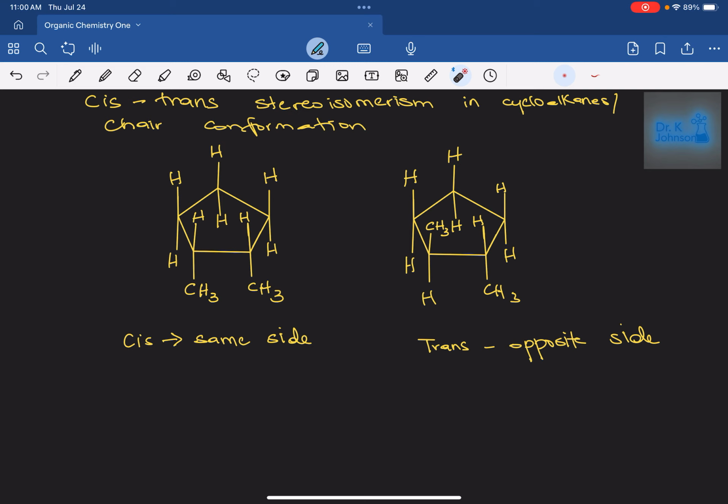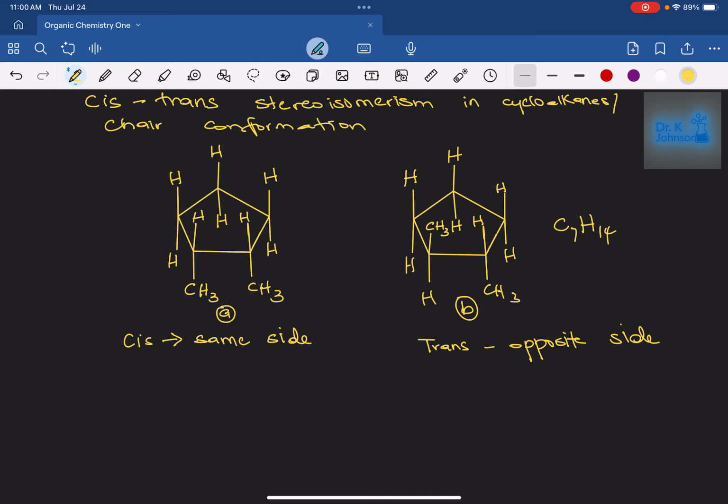Now let's talk about the fact that these two molecules that we have here are cis and trans isomers, which means they're stereoisomers. So they have the same molecular formula. Their molecular formula is C7H14. You can go count it if you don't believe me. It's the total number of carbons. You would have learned this earlier in the chapter that has to do with molecular formula.